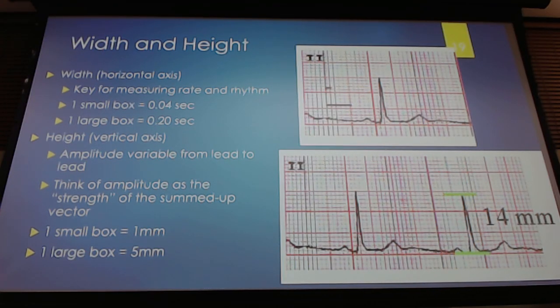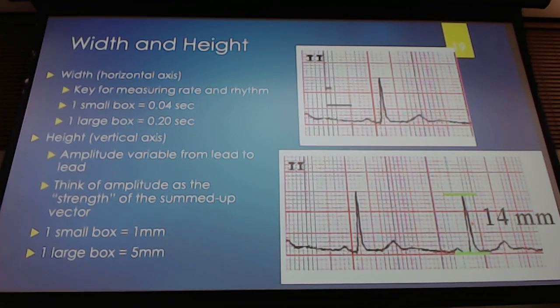On this bottom picture, in order for us to count the total voltage or the amplitude, we're going to start at our baseline. Remember, our baseline is going to be our PR segment. You start at that baseline and you count how many boxes.